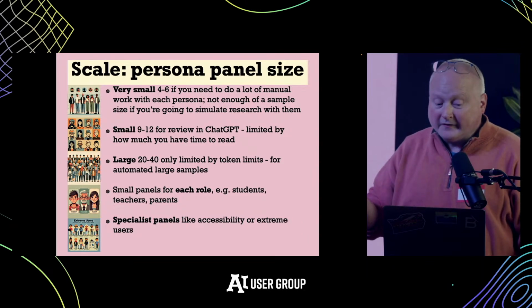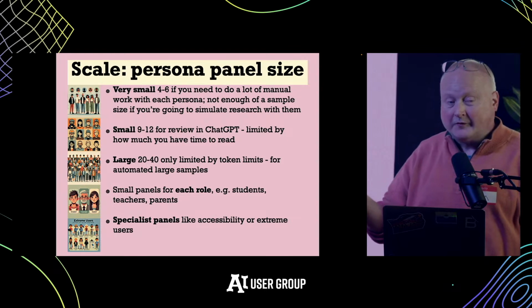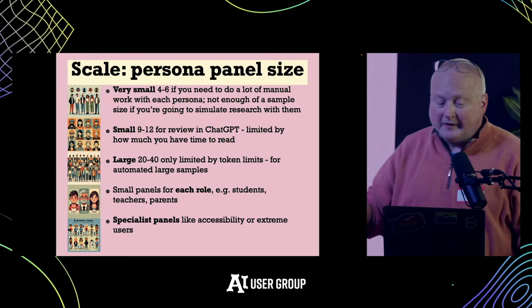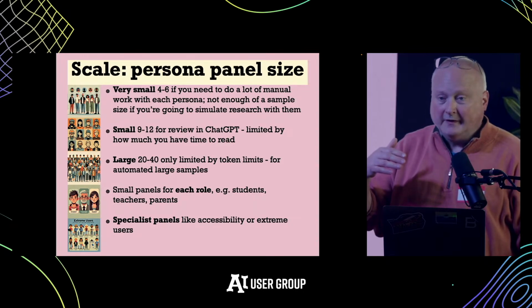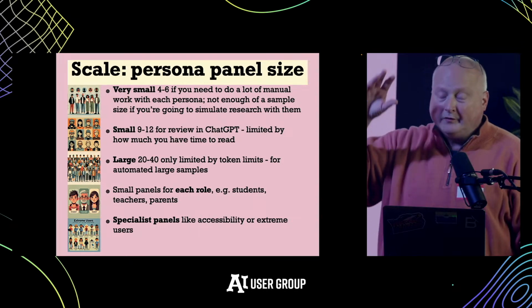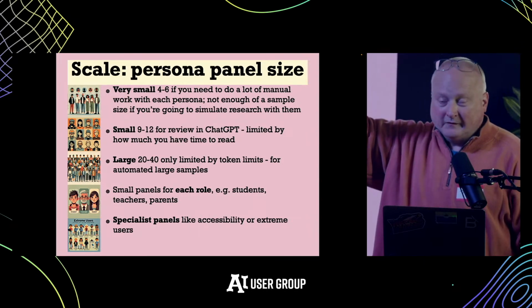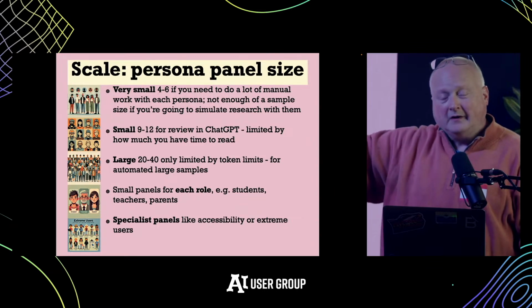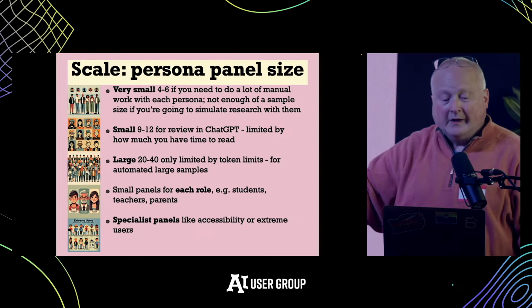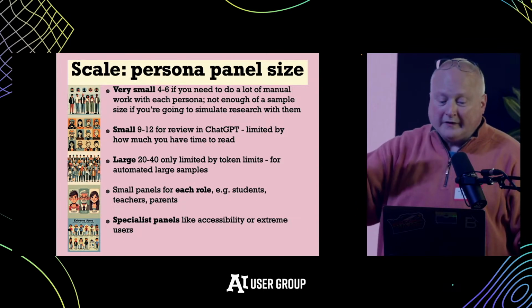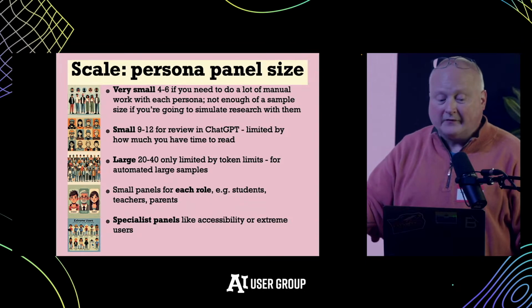You can go to the next level, which is like 20 to 40 personas. And this is exciting in its own way, because you won't generally want to read everything each of those people say. But what you can do is make big tables, talk about what their pain points are, talk about what their reaction is to a specific design proposal, and then you'll get a whole lot of answers, and you can then rate those answers to see which ones have the most importance in your design.